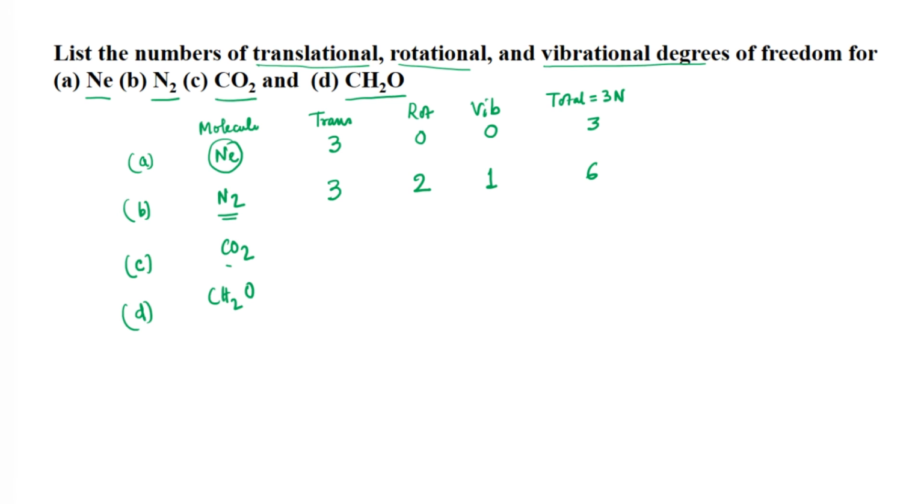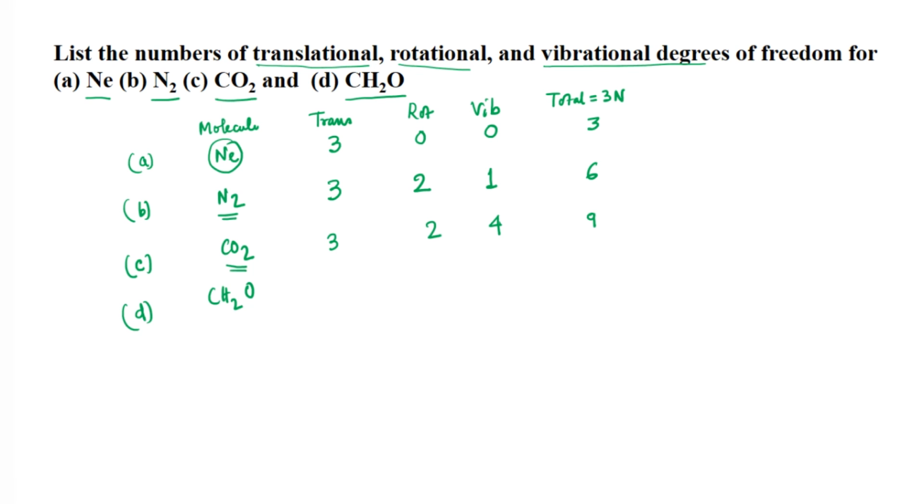Now, for CO2, this is a linear molecule. So, 3n equals 3 times 3, that is 9. So, there are 3 translational degrees of freedom and 3n minus 5, that is 9 minus 5, that means 4 vibrations. So, rotations equals 9 minus 4 minus 3, that is 2.